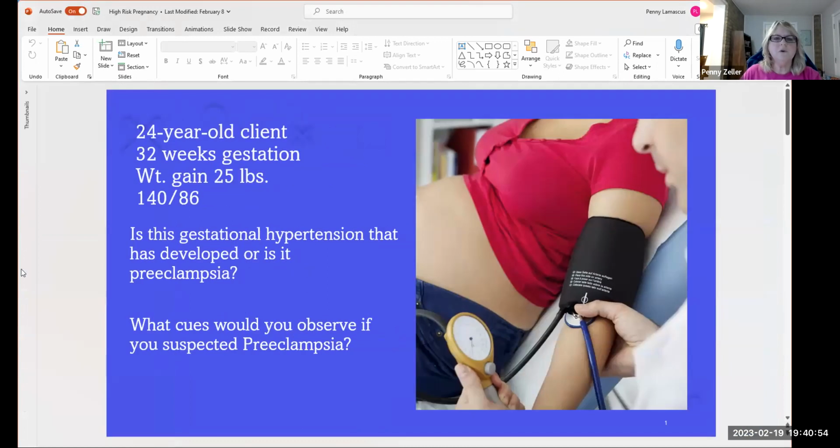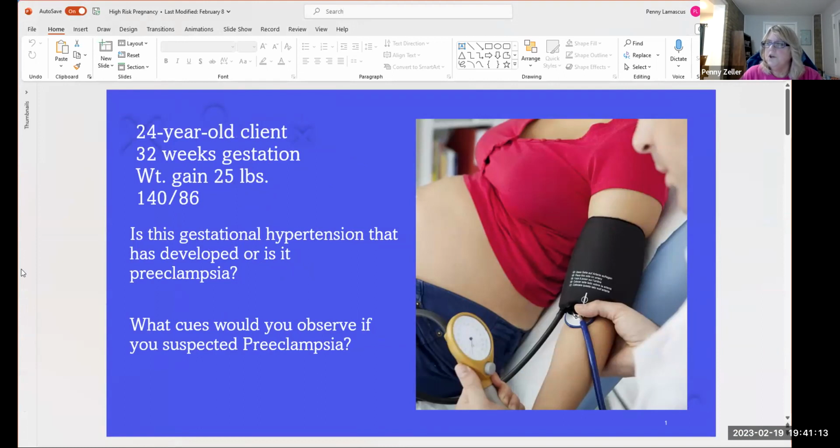So, a 24-year-old, she's 32 weeks gestation. She's gained 25 pounds. Her blood pressure is 148/86. So is this gestational hypertension that has developed, or is it preeclampsia?